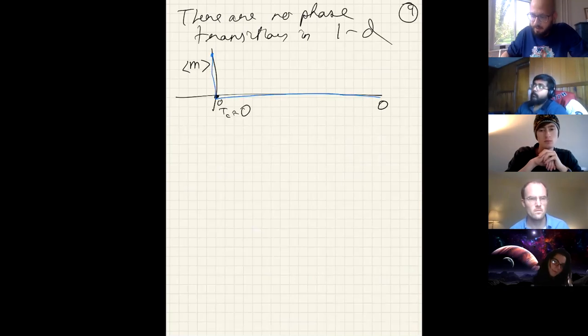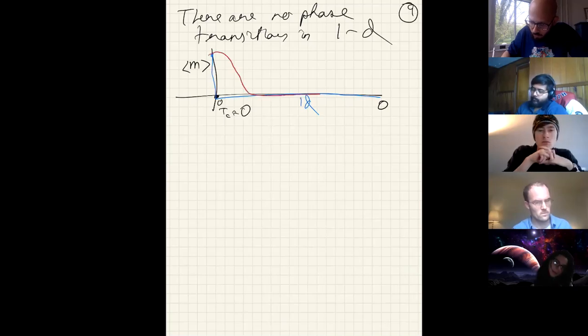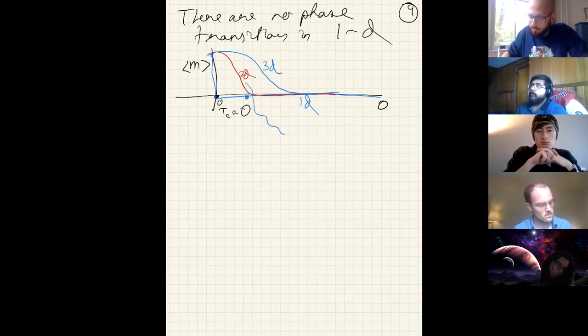As you increase the dimensionality, this curve starts to look like this. In 2D, the critical temperature will be typically higher. In 3D, the critical temperature will be even higher. What Onsager did was to calculate the critical temperature for a 2D Ising model.